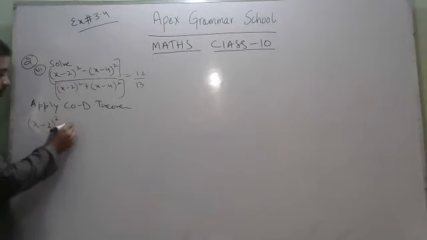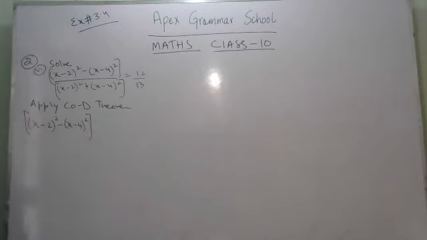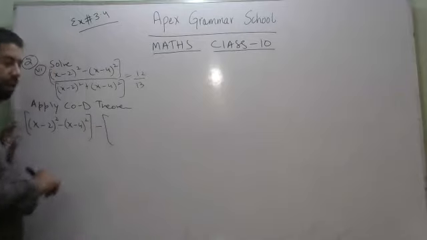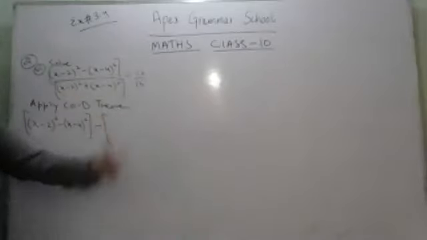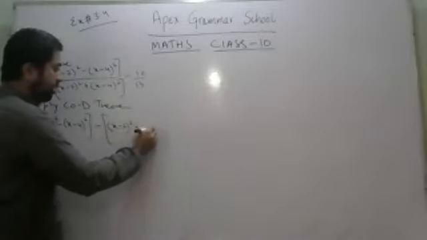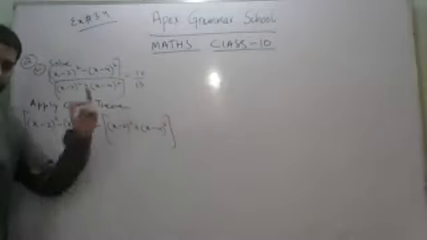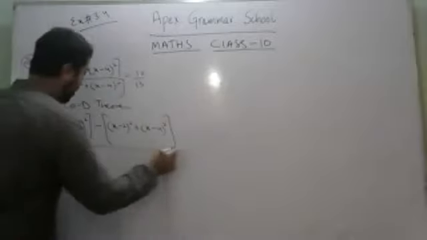This is the numerator. After that, I need to apply a negative operation first, and then in the denominator here (x minus 2) whole square plus (x minus 4) whole square. This is the componendo and dividendo theorem which I'm going to apply.